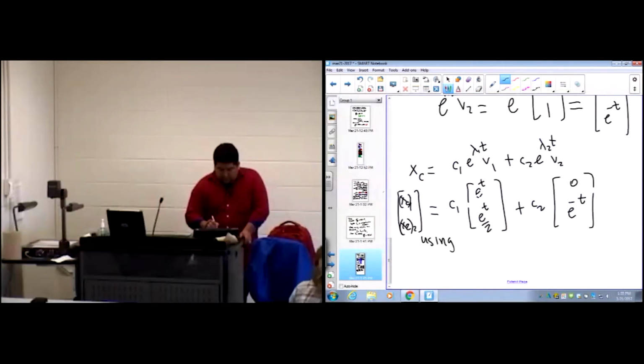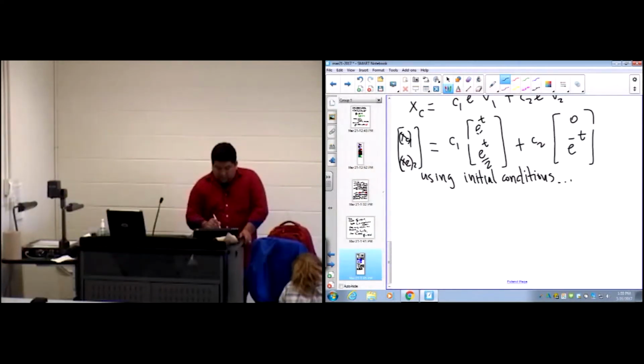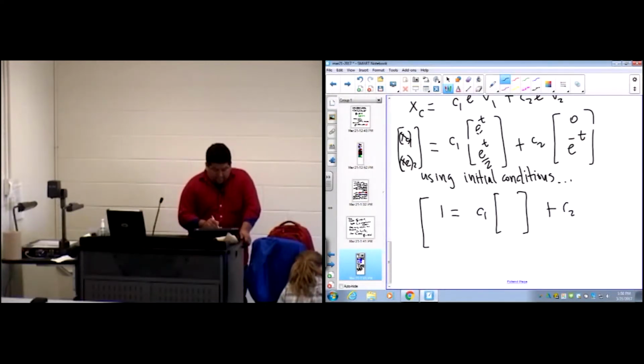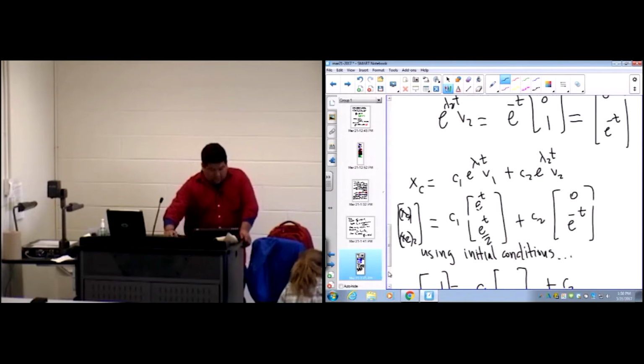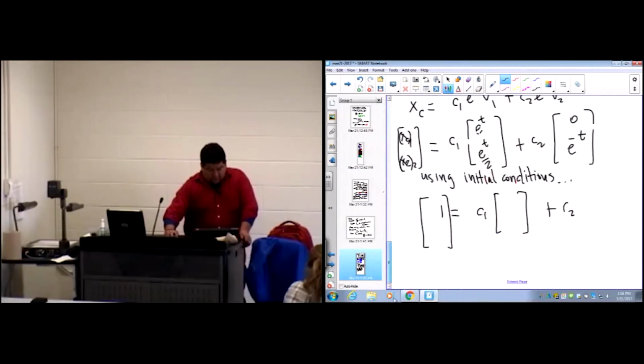we're going to get 1 equals c1 plus c2, let's see, are 1 and 2, so c1 e to the 0 is 1, and this is 1/2, and this is 0, and this is 1.